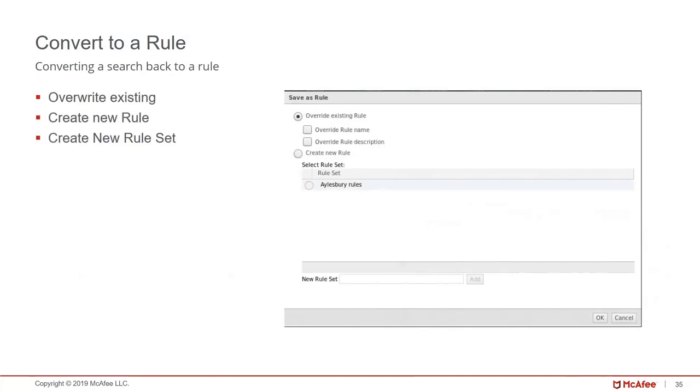So basically all of the options that you would have in your DLP policy manager when creating a new rule, you would have here. You're just converting your rule tuning rule over to an actual rule that you're going to use in your DLP environment. Okay, so that's the end of our slides here.